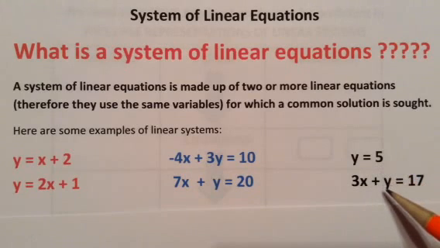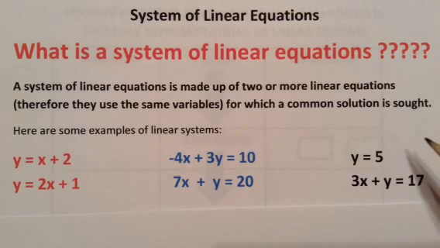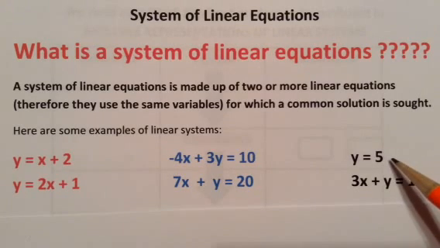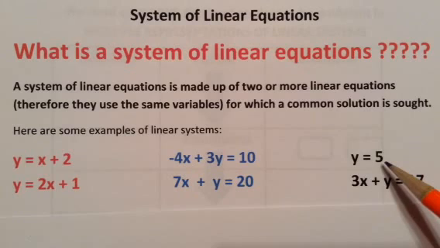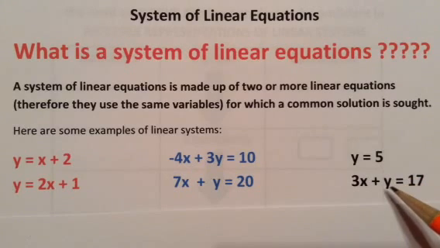The last group over here is also a system of linear equations. Okay, this again is a good review. This is a horizontal line. So this is a line in standard form, and so it is a system.